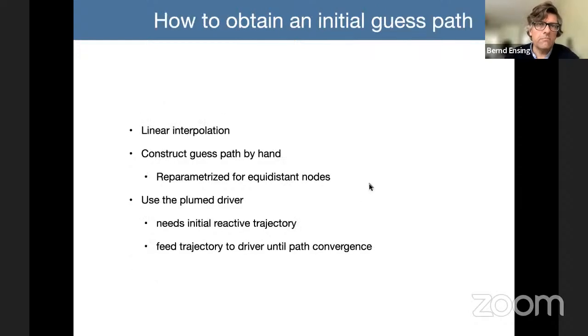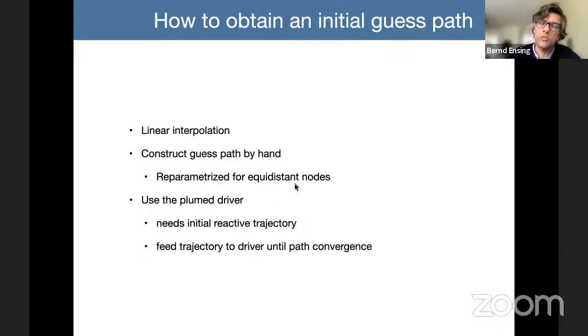Okay. How do you obtain a guess path? Well, as I said, we usually use a linear interpolation, or you can do a guess by hand. If you make a guess by hand, the thing is that, even if you just decide, I'm going to take a bunch of nodes, one here, one there, and you just write those numbers up in the input file, as soon as you start the simulation, the first thing it does is reparameterize your path to make all the nodes equidistant.